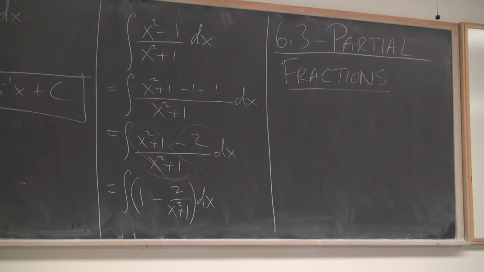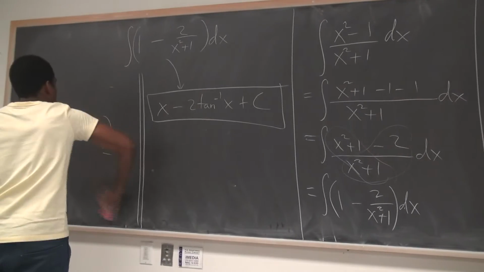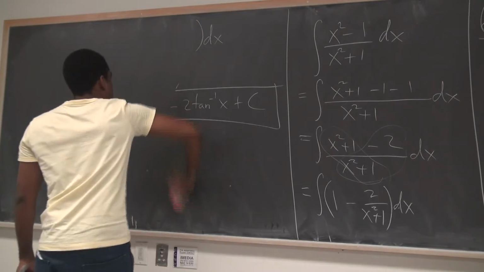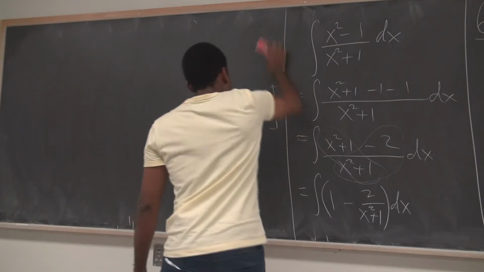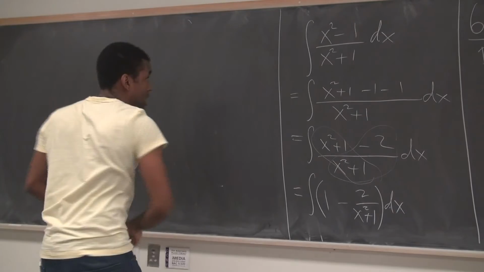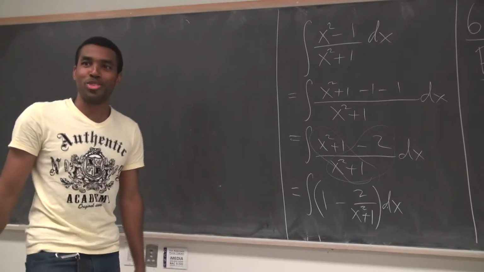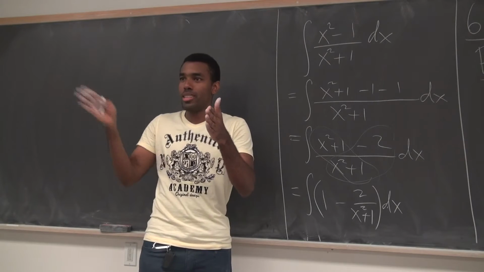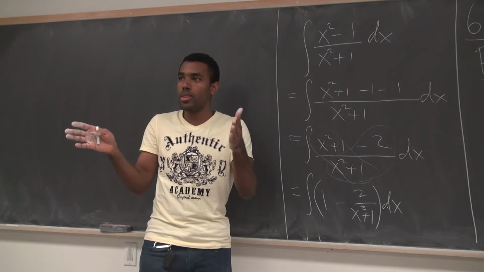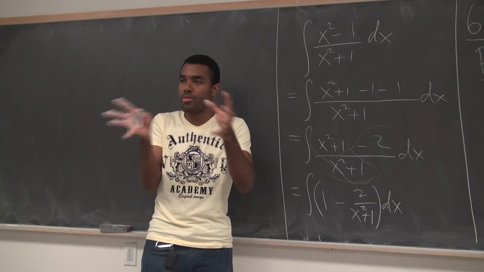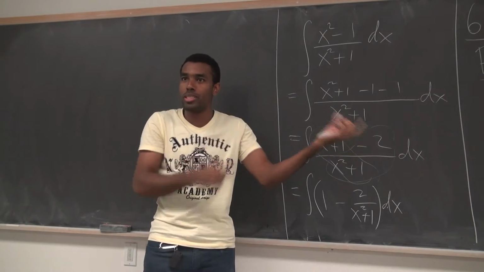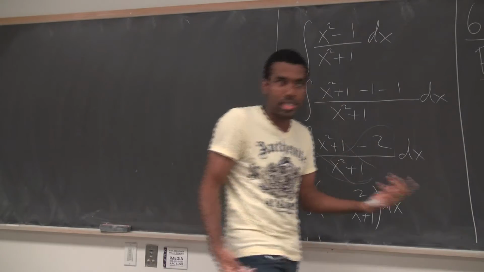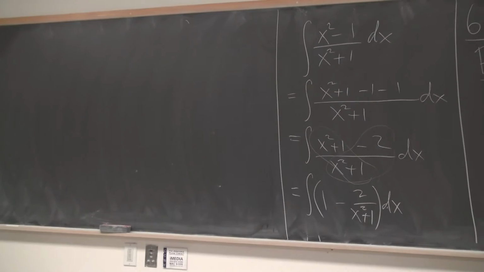I will show you in a bit, but let's go over the idea first. The idea behind partial fractions is basically the idea I just erased. You have a rational function, a polynomial over a polynomial. What you do is break that fraction up into smaller pieces that you can actually deal with. That's the idea behind a partial fraction.